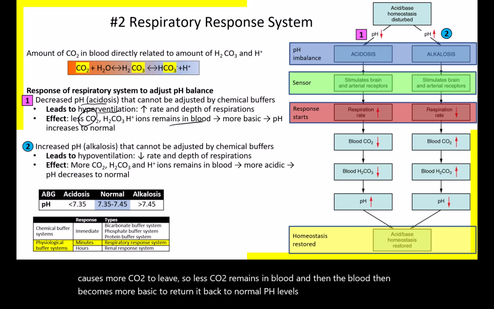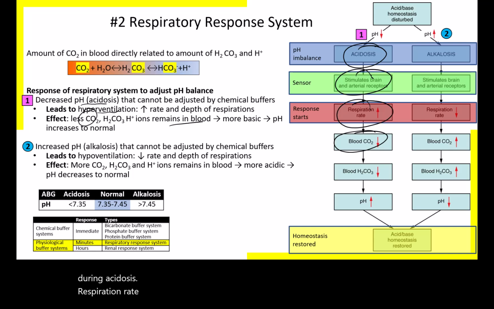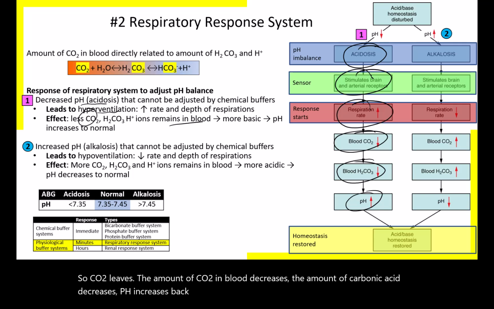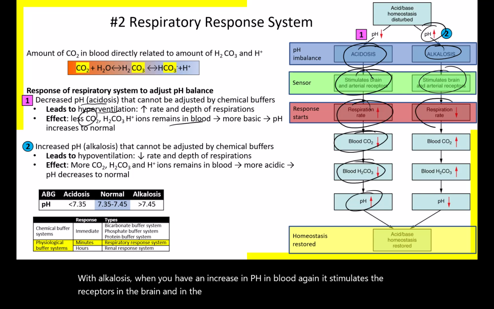So this is what happens during acidosis. Respiration rate increases, so CO2 leaves, the amount of CO2 in blood decreases, the amount of carbonic acid decreases, and pH increases back to normal. With alkalosis, when you have an increase in pH in blood, it stimulates the receptors in the brain and in the arteries, and it causes respiration rate to slow down.